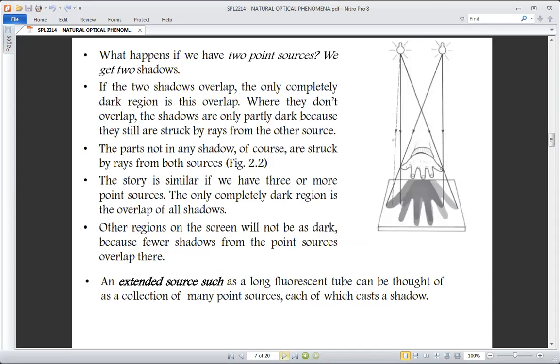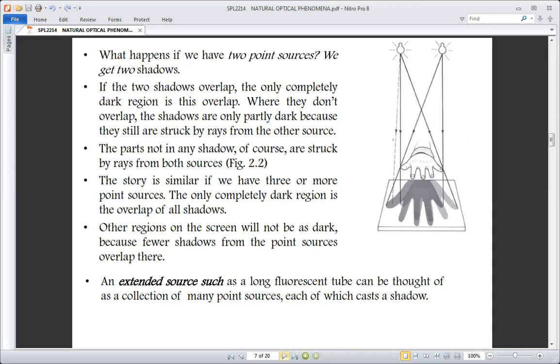So again, the interesting question here is: what happens if you have more than one source of light? Like in the picture that you can see here. When you have two sources of light, each source will produce its own shadow, but there will be an area where the two shadows overlap.